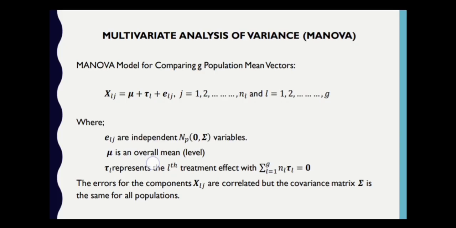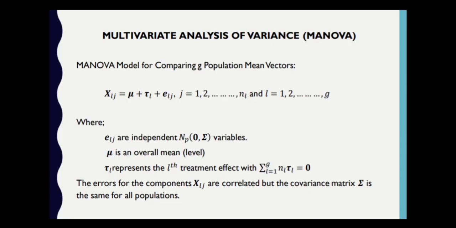So kita gunakan one-way MANOVA, which is the multivariate analysis of variance. Okay, so if you can see here, all this will be bold sebab kita deal dengan multivariate or vectors.